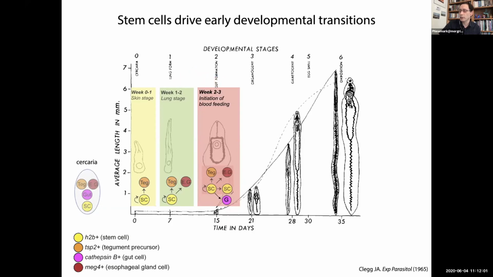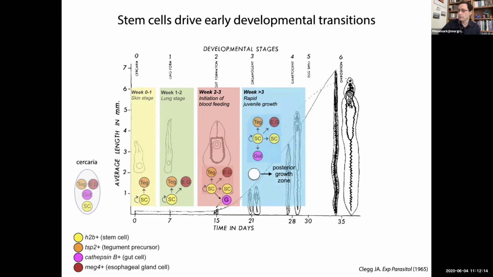That is currently experimentally a difficult area for us to get at, but that's something of very much interest to us. And then what happens is now that these parasites have built this gut, they're able to eat and continue growing. And this growth is fueled by this second population that I alluded to earlier that will give rise to the cells of the posterior growth zone.